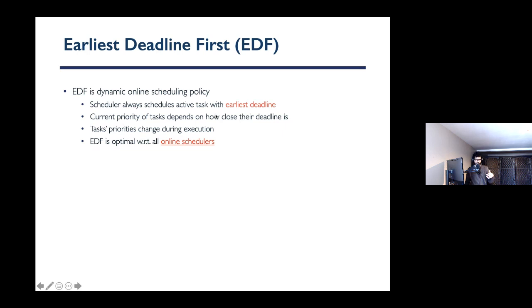So it's as if the task's priority is changing. The priority that we assign to jobs is not going to change, though. If a job has a priority, its priority is fixed, which is basically related to its deadline. Because the deadline is not moving, the priority is not moving either.